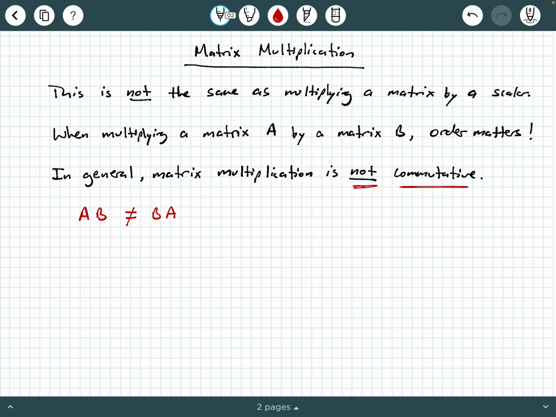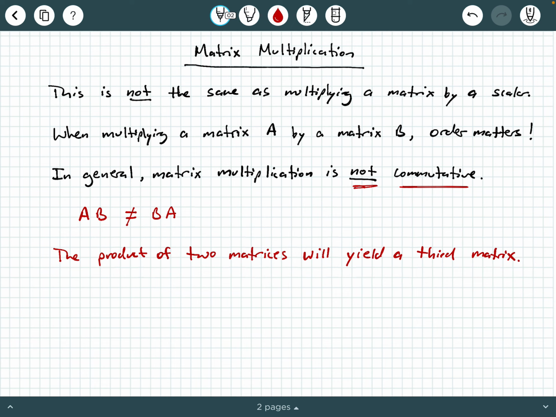Now, the next thing to keep in mind is that the product of two matrices will yield a third matrix, okay?